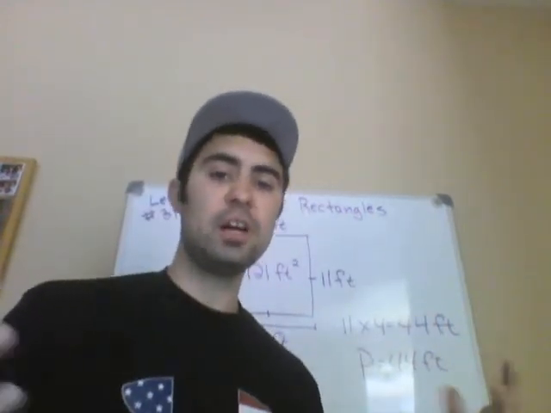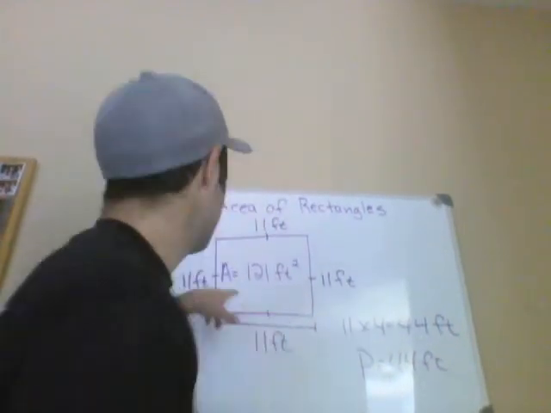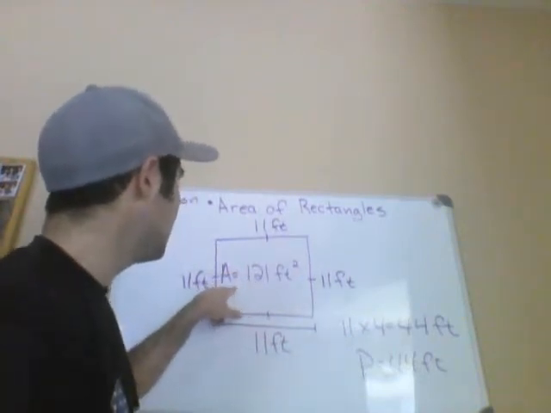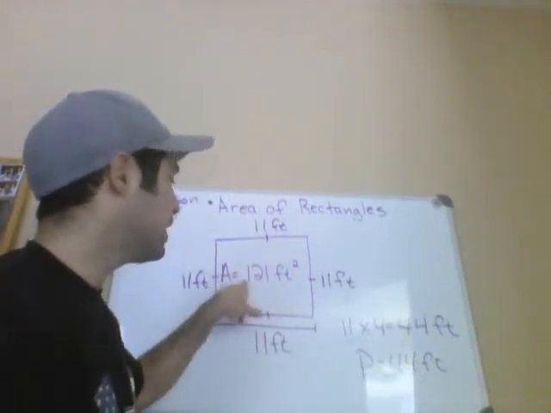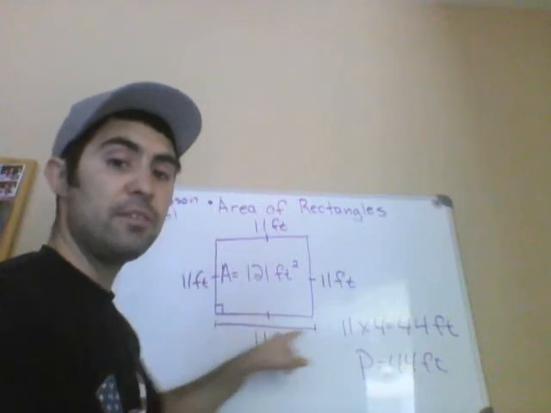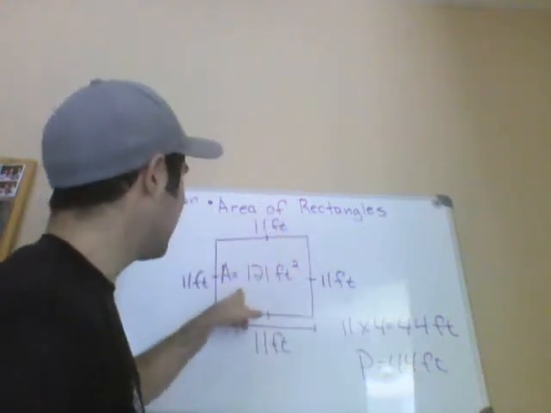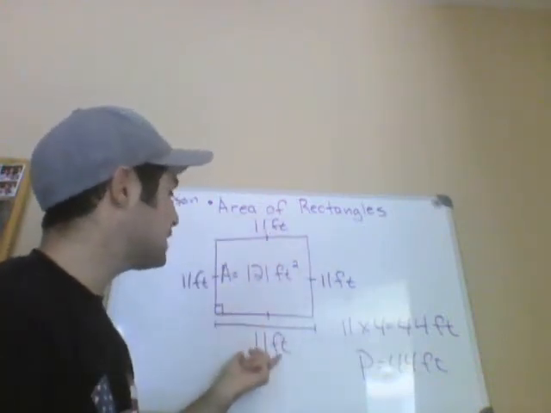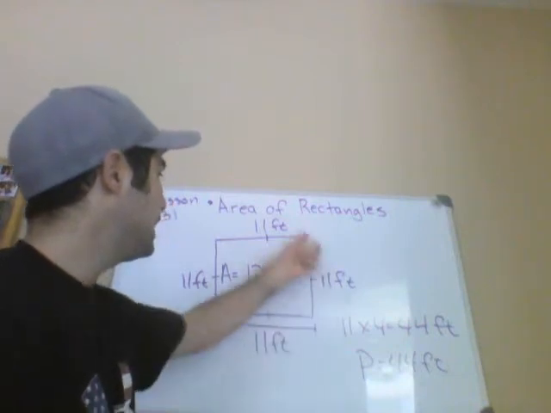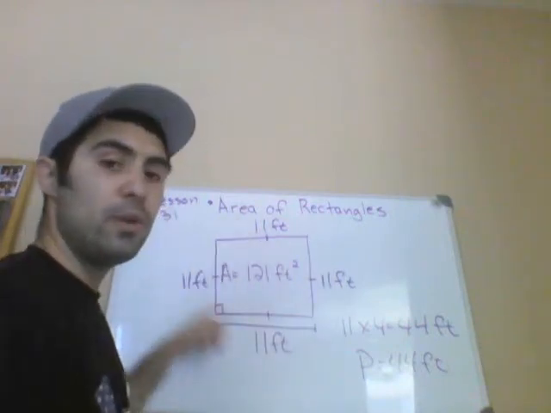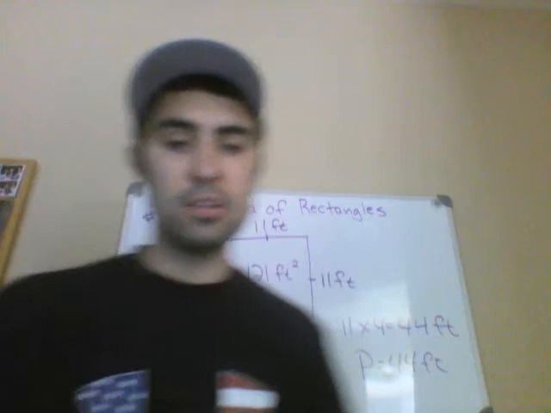You're taking two different concepts and combining them. You got to understand area and how to find a side if you're given area. And then once you find a side, you have to know that all sides are equal and to add them up. So that's a difficult problem.